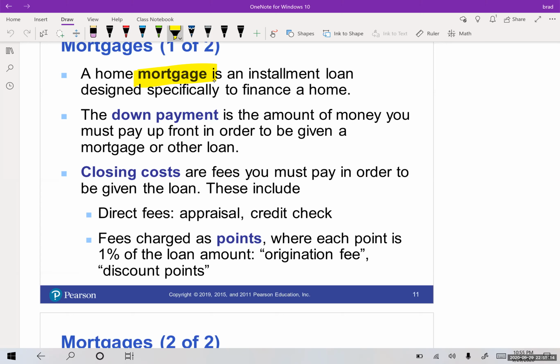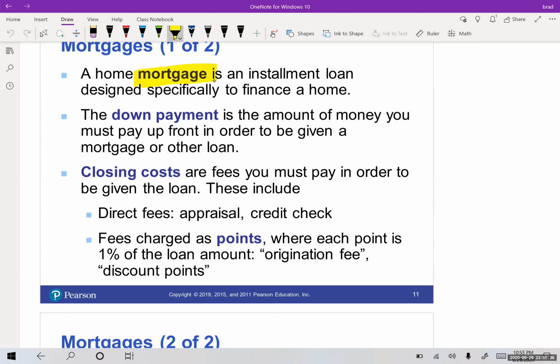If you don't want to pay private mortgage insurance, you have to pay about 20% down. So if you want to buy a $500,000 house and you want to put down 20%, that's $100,000 you have to come up with in order to not have to pay private mortgage insurance, which is normally anywhere between $200 to $400, depending on the loan amount, within reason.